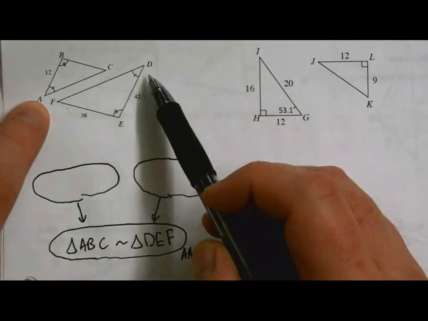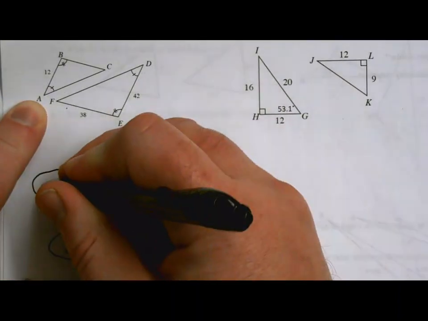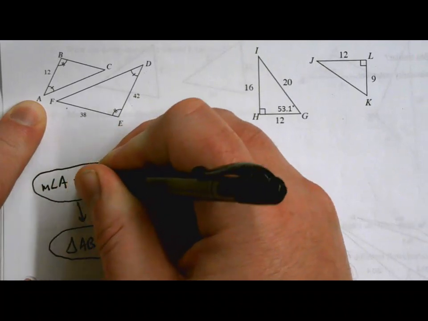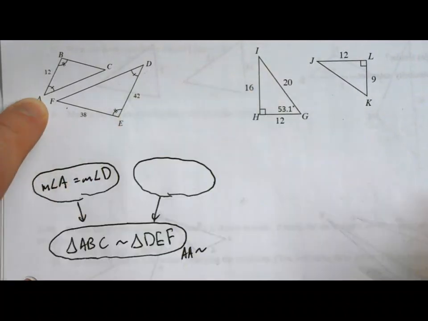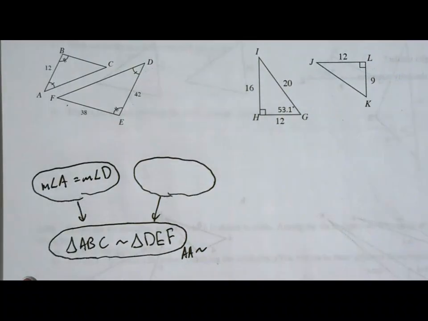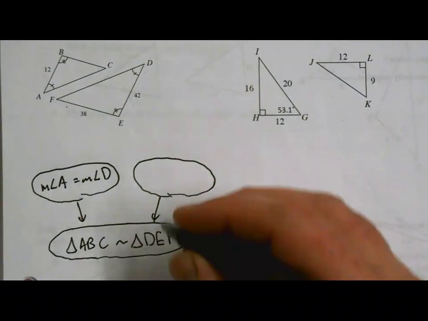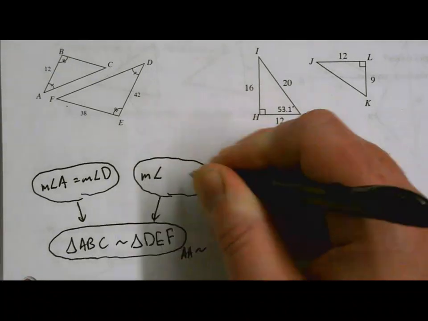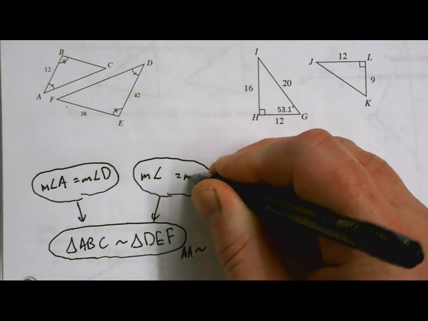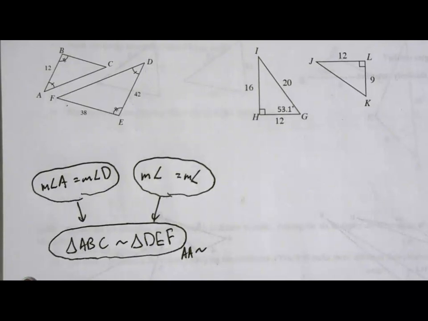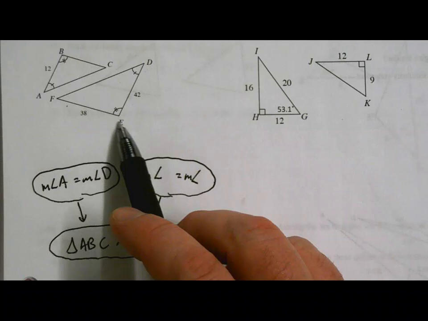I got a pair of angles here, angle A and angle D, so I'm going to say the measure of angle A equals the measure of angle D. And then there's one other pair of equal angles that I'll let you guys find. The other pair is B and E.